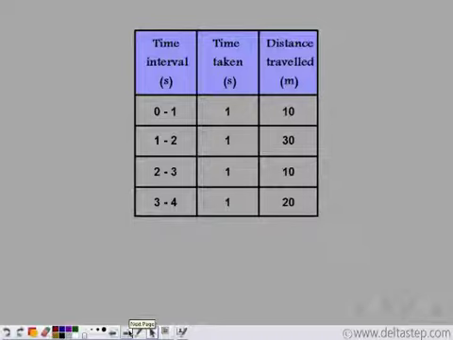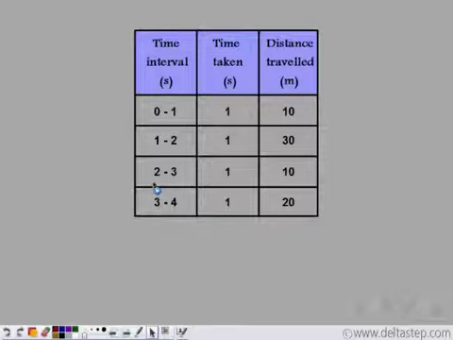In time interval 0 to 1 second, he took 1 second to travel a distance of 10 meters. In time interval 1 to 2 seconds, he again took 1 second, but this time he traveled a distance of 30 meters. In time interval 2 to 3 seconds, he took 1 second, but this time he traveled 10 meters.